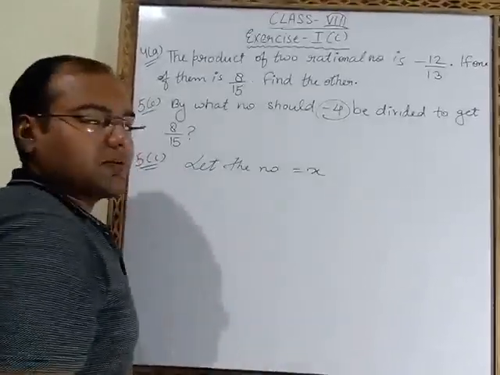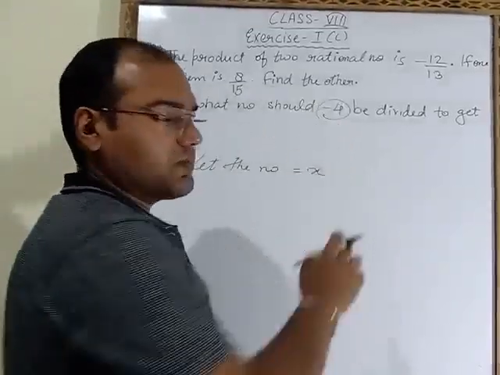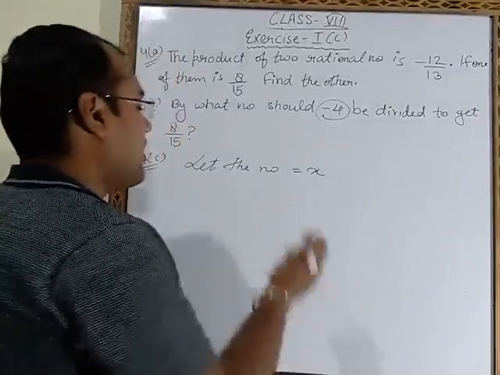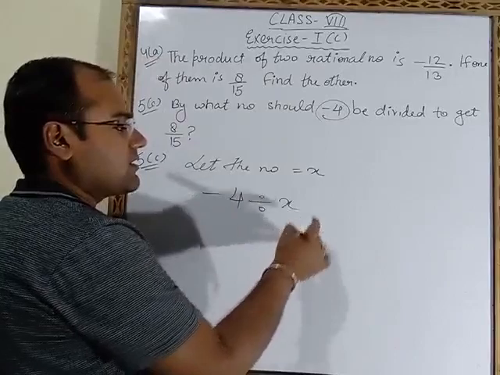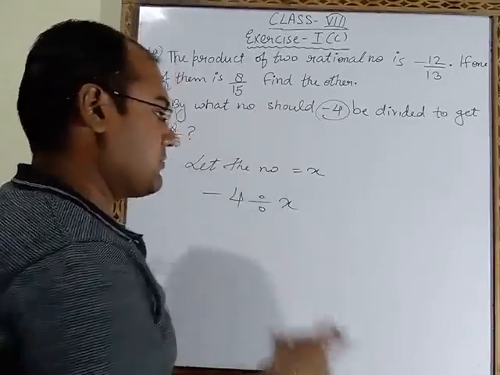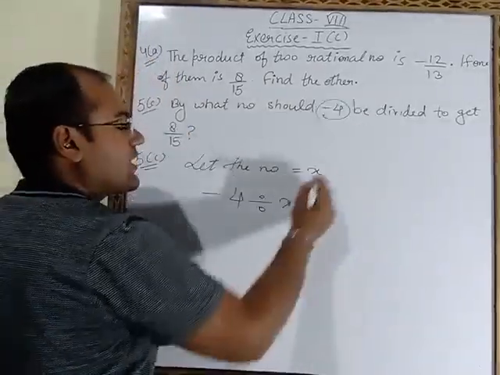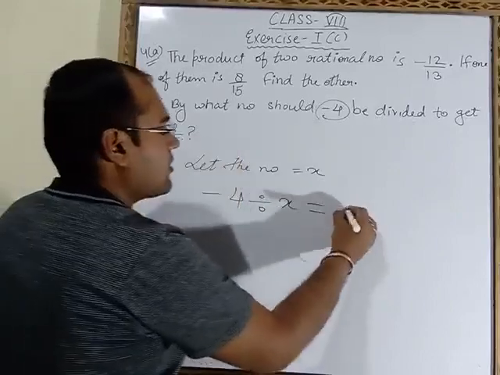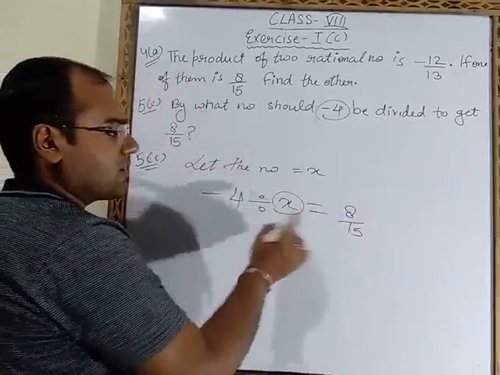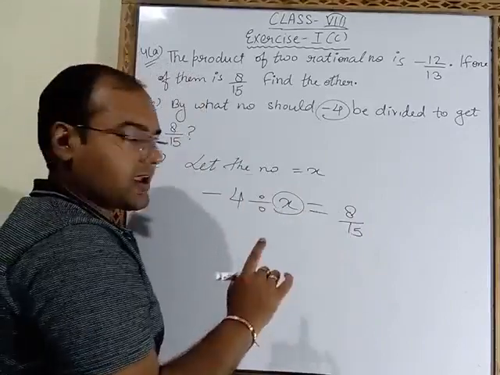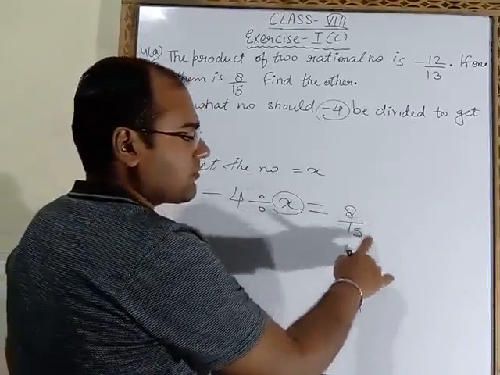Here we will assume the number with which minus 4 should be divided is x. We don't know what the number is, so we will put x here, to get 8 upon 15. So minus 4 we have to divide with some number, that we don't know, so that's why we have put x here in order to get 8 upon 15.